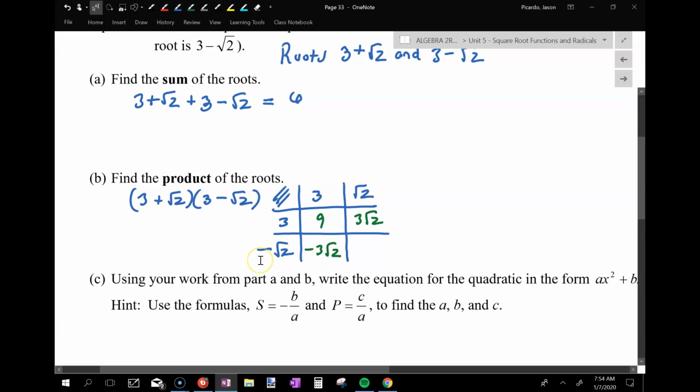And then I got negative radical 2 times radical 2. What's any radical times itself? The number that was underneath it, right? So radical 2 times radical 2 is equal to 2, right? Because radical 2 times radical 2 is the same as radical 4, and radical 4 is 2. So this is negative 2.